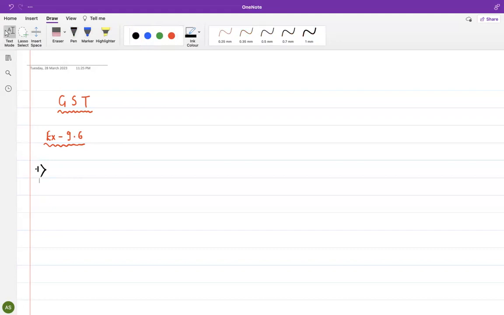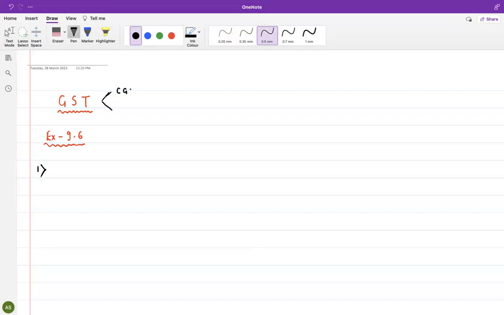So question number 1 says that Mrs. Jan Seva Sweet Mart sold sweets of rupees 3,86,000. What is the CGST and SGST he will pay if the rate of GST is 5%? As we know, GST is actually divided into two parts.